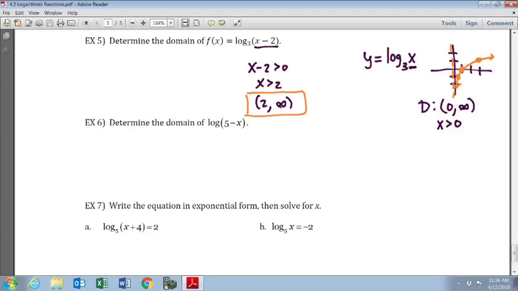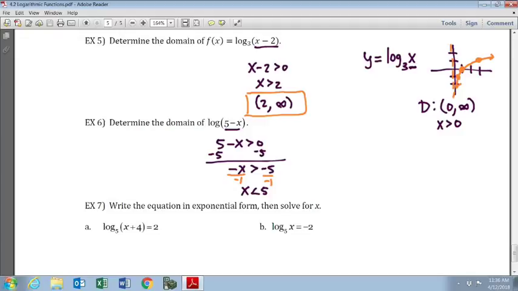So look at number 6. We need 5 minus x to be greater than 0. So we're going to subtract 5 on both sides and divide by -1. Now remember, when you do that, division by a negative with inequalities, you've got to reverse the symbol. And so we're going to get x is less than 5.